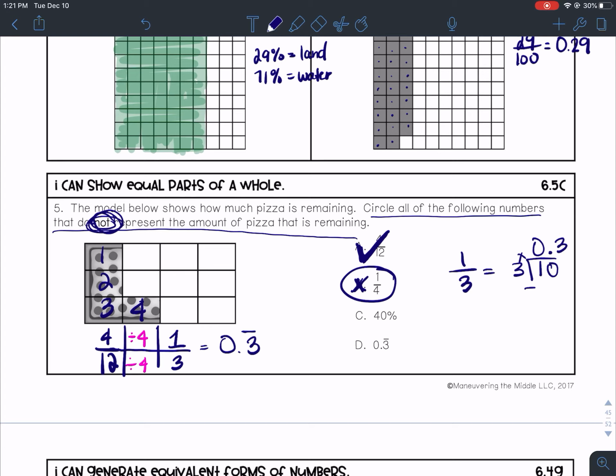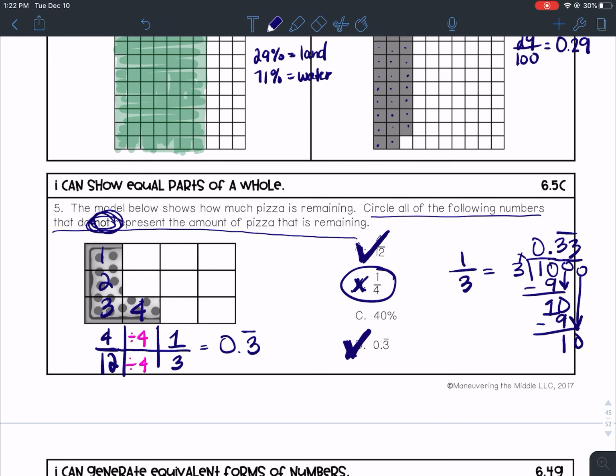That's 3. That's 9. Subtract it and I get 1. I'm going to add a 0, go down. Well, I get 10 again, which is 3 again, which is 9, which is 1, which is 0. And I can keep going on forever, but I'm not going to waste my time, right? I'm just going to put the line over it. Okay, so if I look back to my answer choices, this is correct. D is correct.